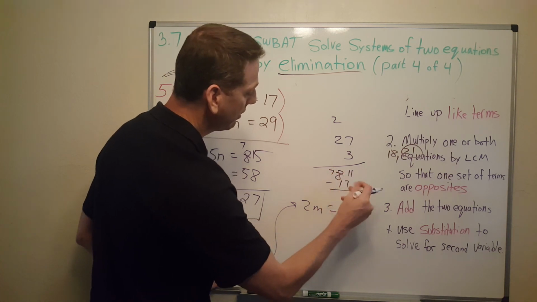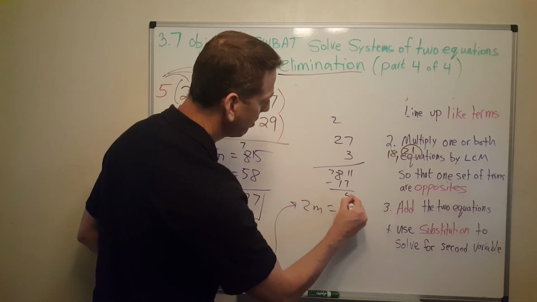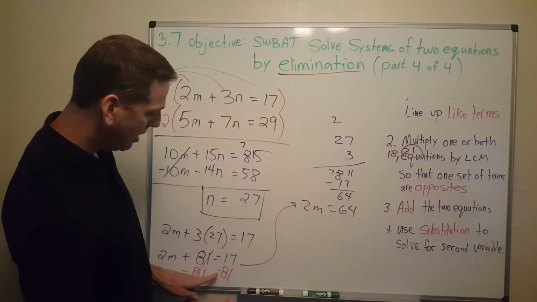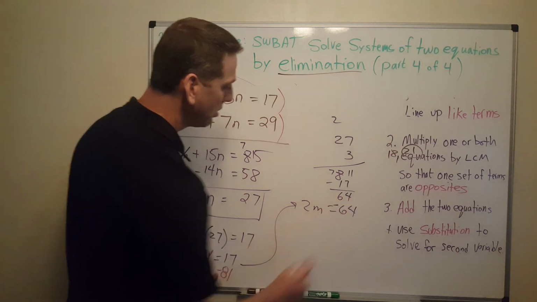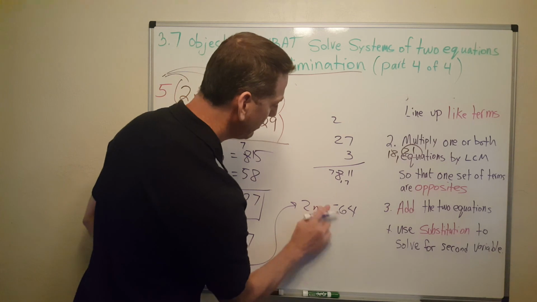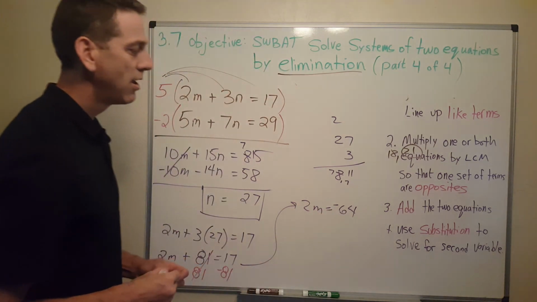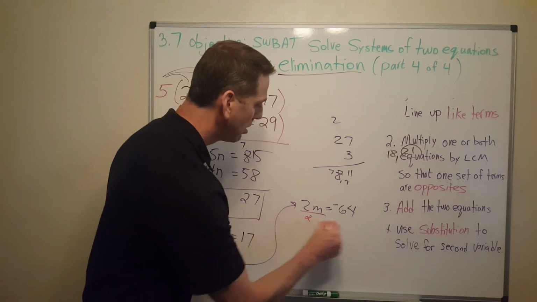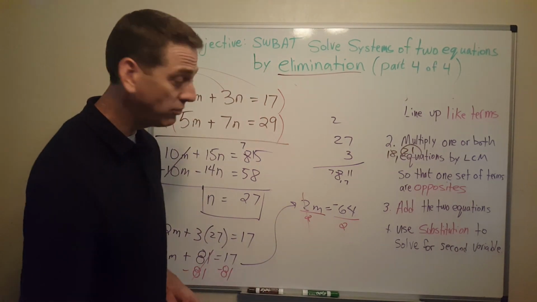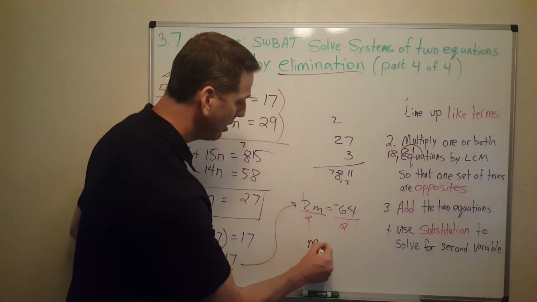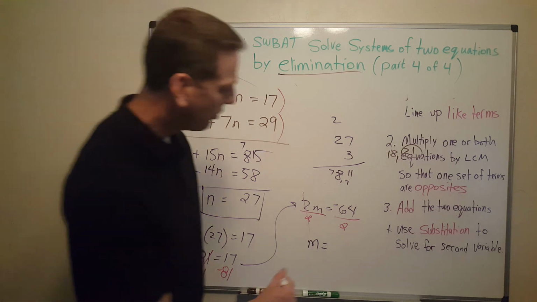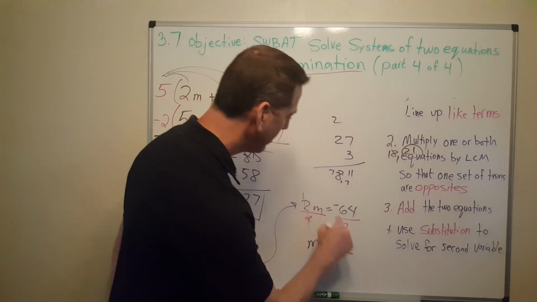That's going to be 64, and that's going to be a negative 64, right? Because the negative is bigger. All right, so let me clean that up a little bit. Now I just divide by 2. That's going to reduce to 1. And so m is going to be half of 64, which is 32, and that's a negative.